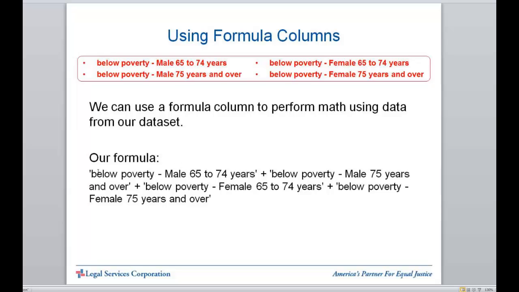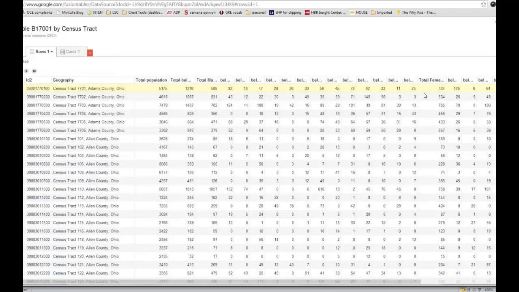Here, someone pointed out that these dashes could be mistaken for minus symbols. That is true. The way that Fusion Tables knows that they're not minus symbols is using these quotes. I'm using these dashes because that was the exact name of the column. If I go over here, for example, and I hover, you can see that the name of the column is below poverty, actually below space poverty space dash space and so on.